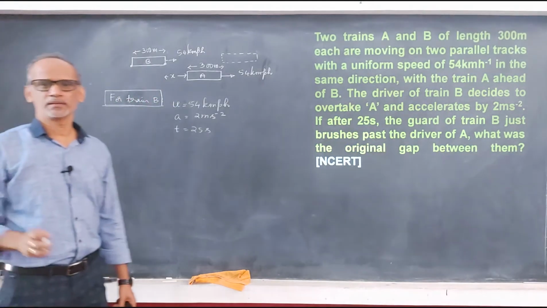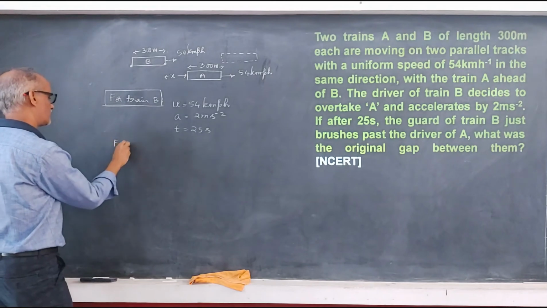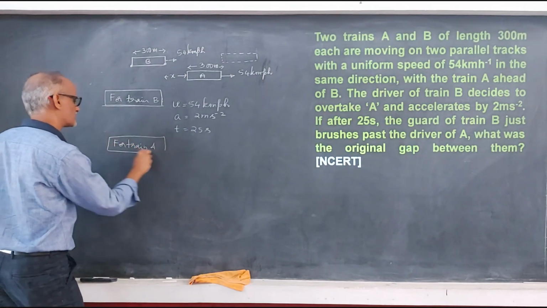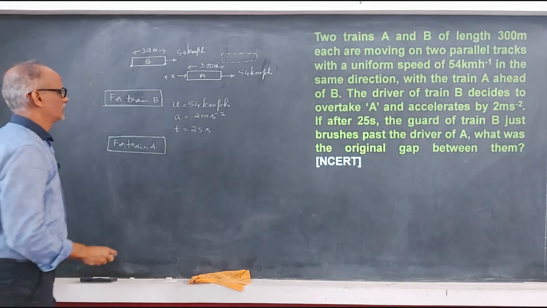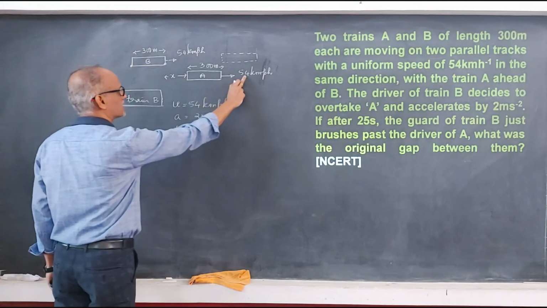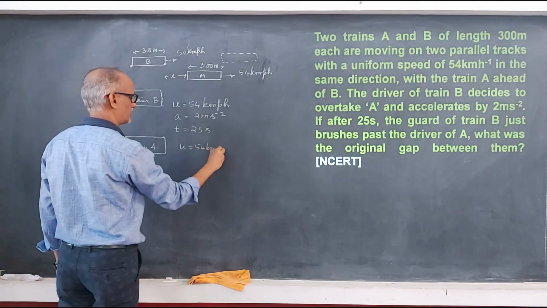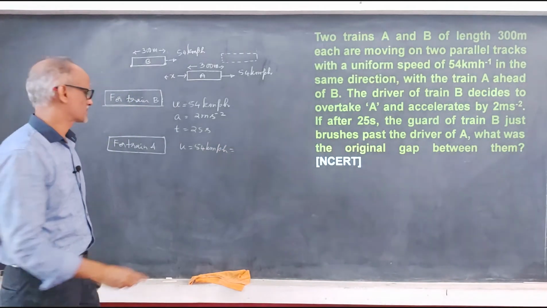So now first I will calculate for train A. Its speed is given, 54 kilometer per hour, which I'll convert into meter per second.